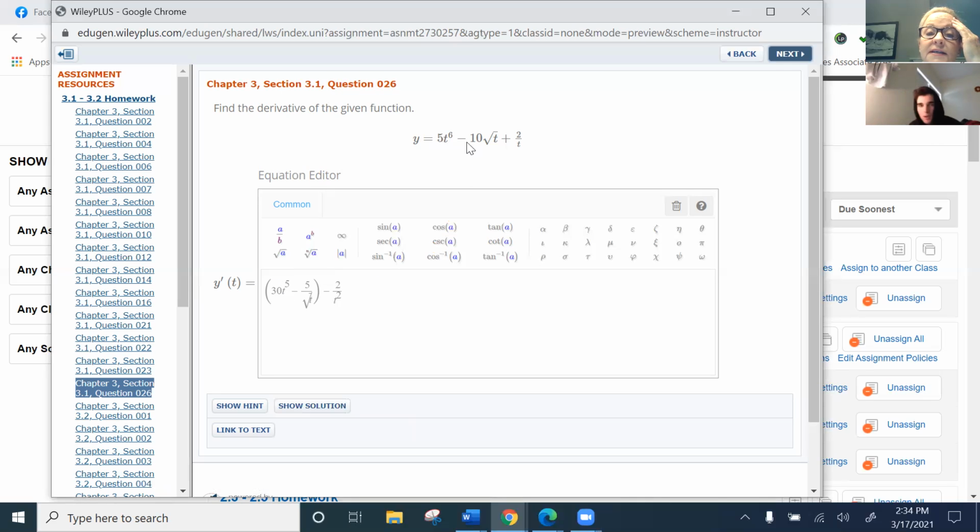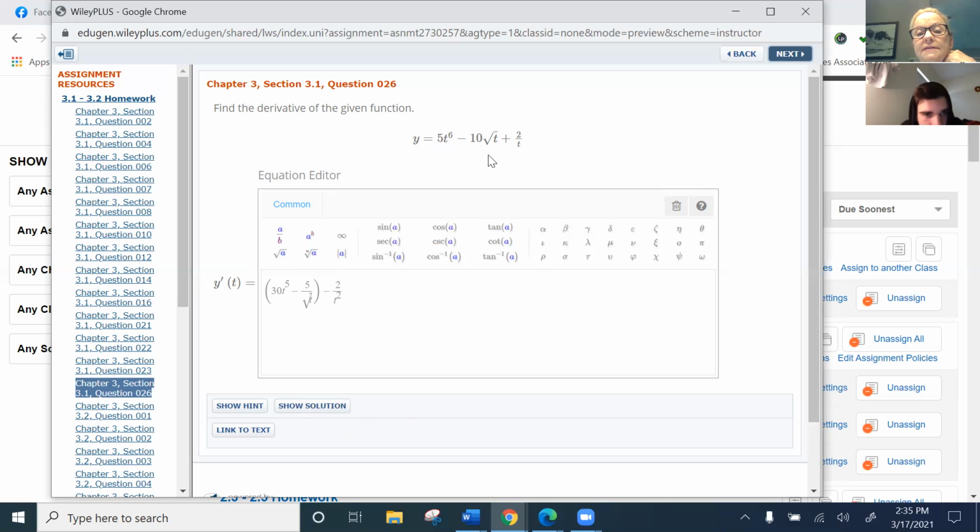Here you would have 10 times t to the 1/2 power, right? And remember, this is a constant multiple, so this just comes out.